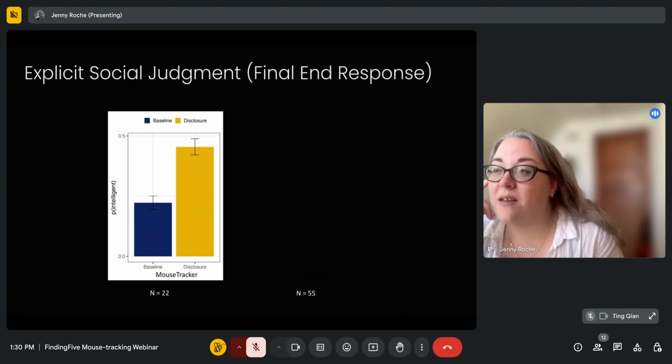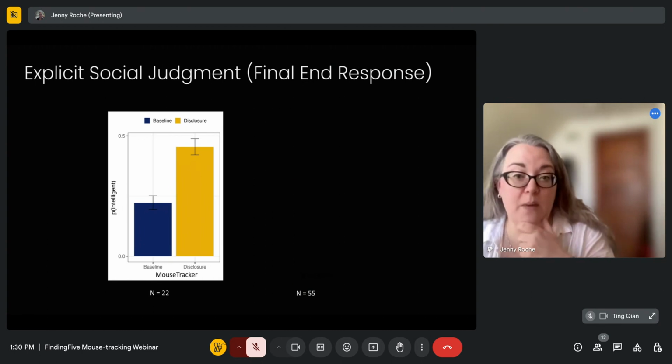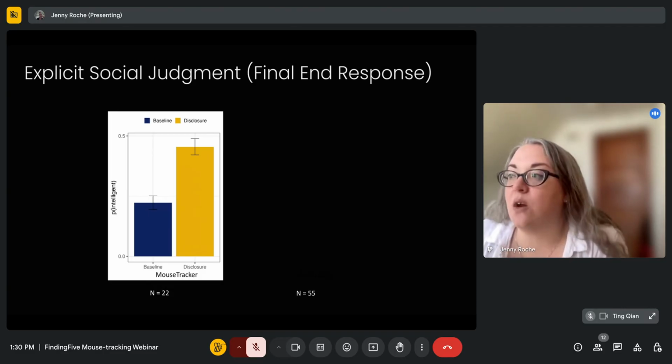So we see that in the baseline condition, the person who stutters is rated intelligent maybe less than 25% of the time. Okay, but when a disclosure is presented, we see that proportion changes, meaning that they are rated more intelligent, even though it's still under 50%. But it's suggesting that the effect starts to go away.